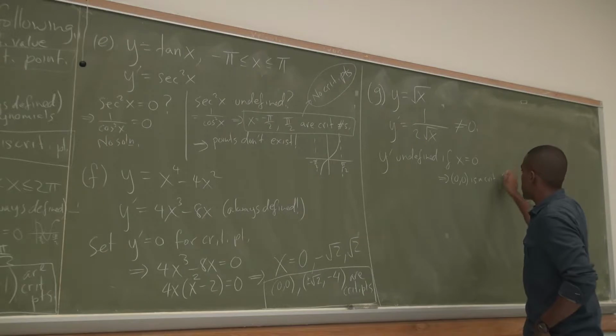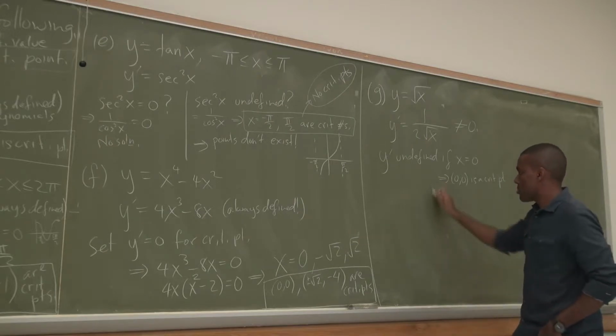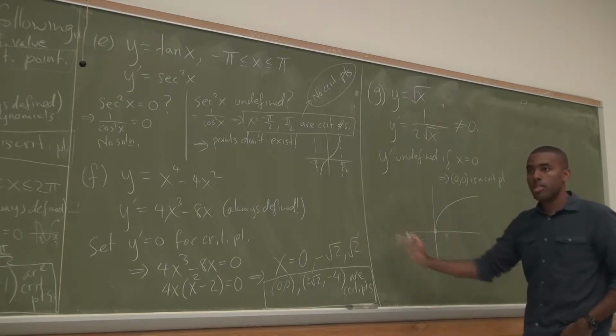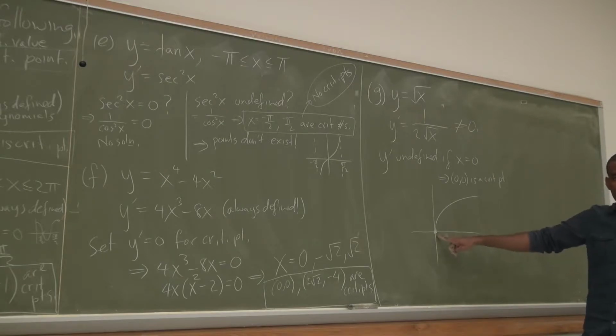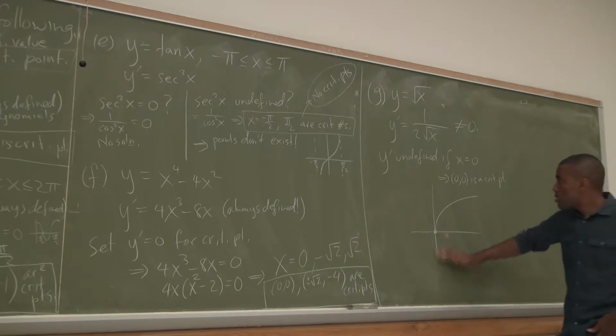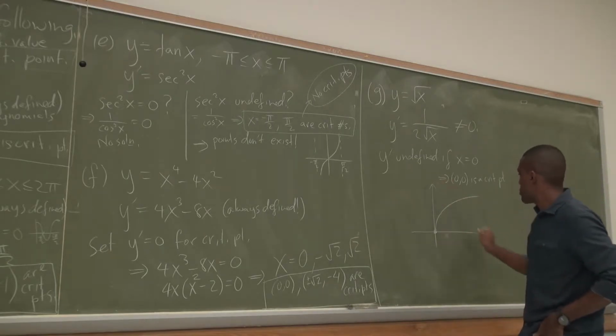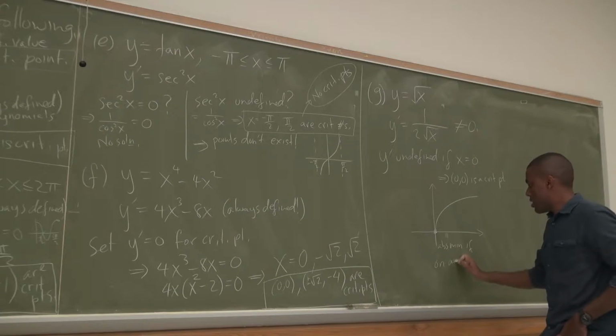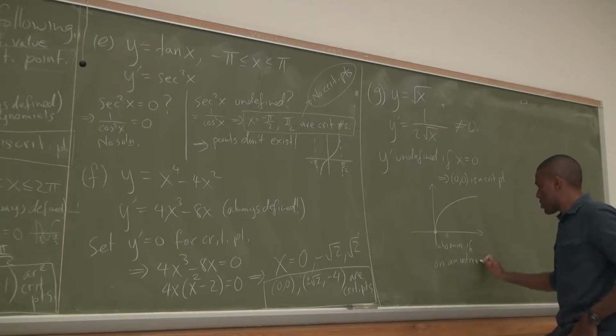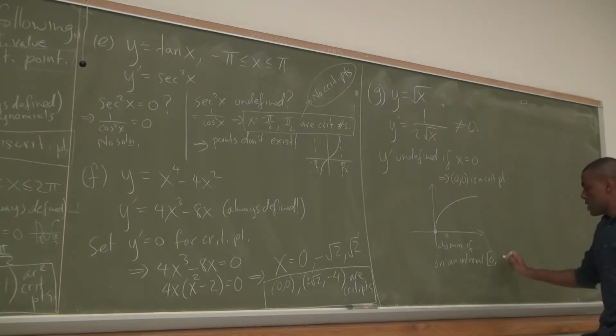Is it a max or a min? Technically, by our definition, it's neither, because there's nothing on the left side. It's an absolute max or min if you want to put 0 as an endpoint. It could be an absolute minimum, but it can't be a relative minimum. This is an absolute min if on an interval that the left endpoint is 0, so 0 with some y value.